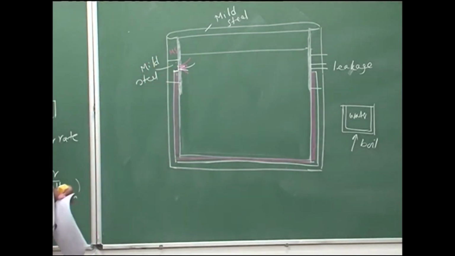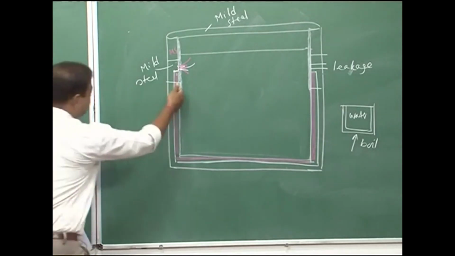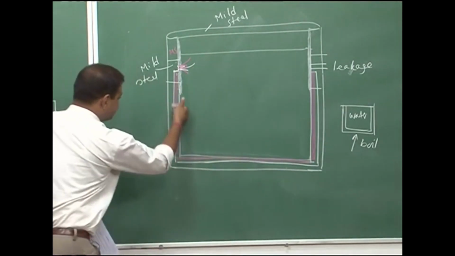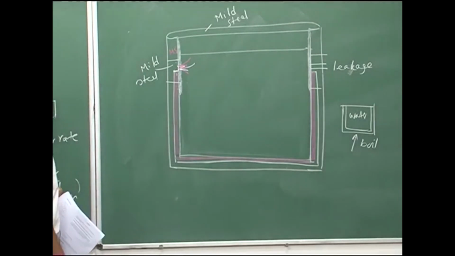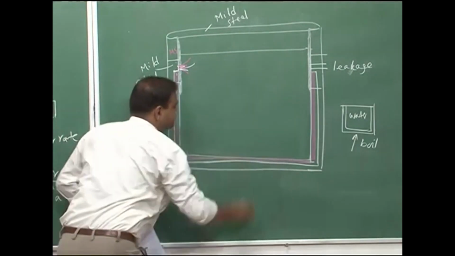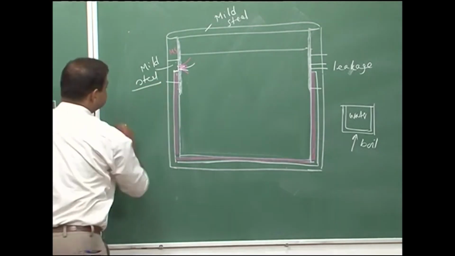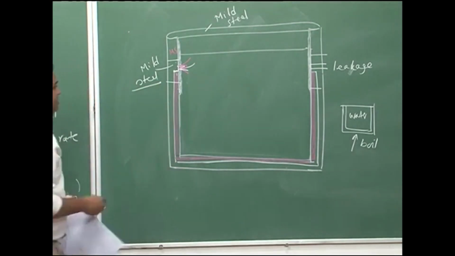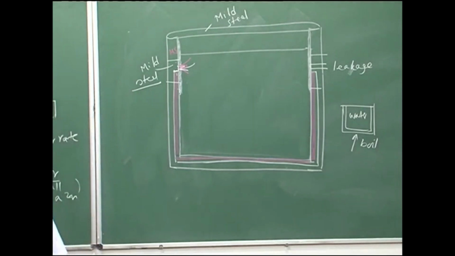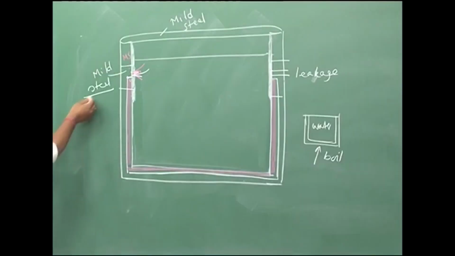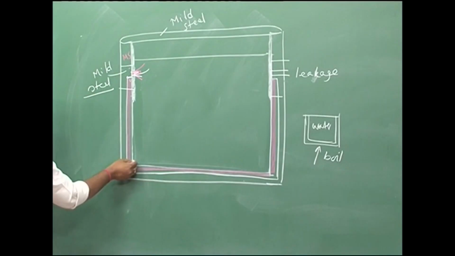If it sees mild steel, and the bottom part is exposed to the solution, since there is no phenolic coating at the bottom, and this section has a huge area, then we know that if mild steel and stainless steel are clubbed, mild steel will be active and stainless steel will be noble in the system. So, mild steel corrosion would happen and stainless steel corrosion would not. Now, what would be the rate of mild steel corrosion?